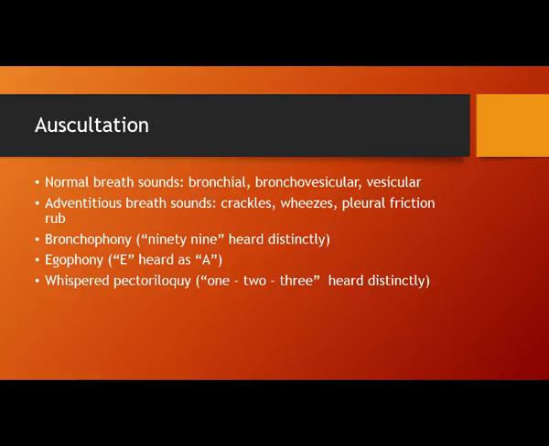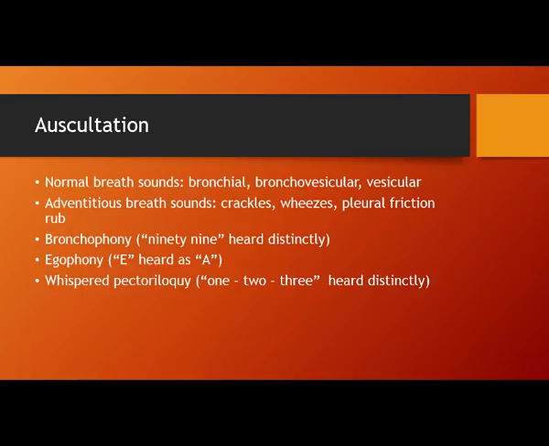So then we'll test for three other things: bronchophony, egophony, and whispered pectoriloquy. For bronchophony, you ask the person to repeat 99 and you listen at the auscultation sites. You should hear something like 99 but not very distinctly.